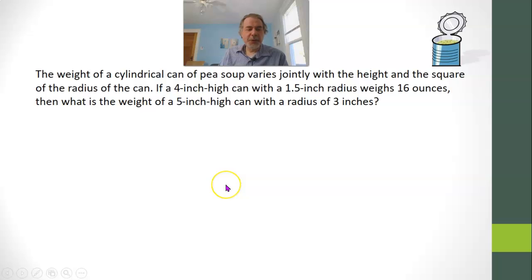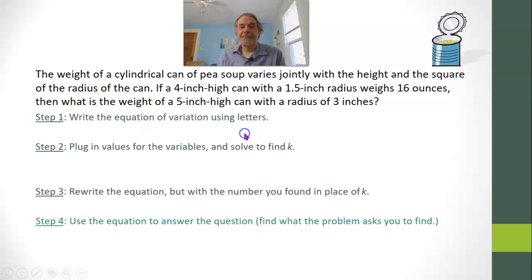And one more example. The weight, how much it weighs, of a cylindrical can of pea soup varies jointly, so there's more than one variable, jointly with the height and the square of the radius of the can.